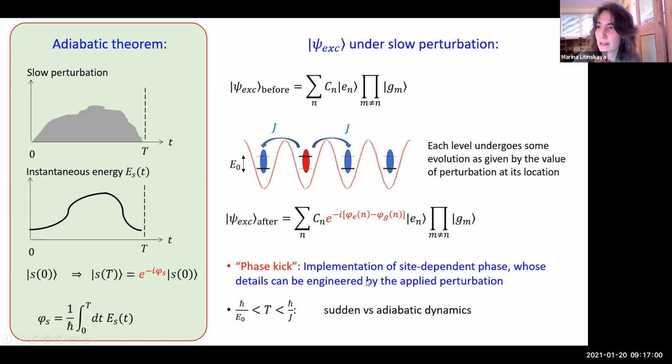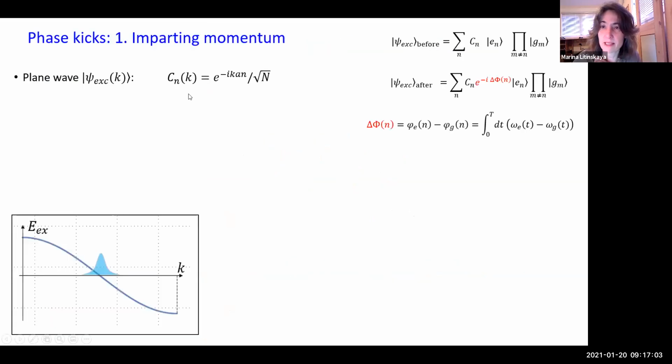Okay, let's see what we can do with this phase. So, fact number one, that is what we called phase kicks or momentum kicks. So this is the idea which we are going to explore. This is the excitonic function after the perturbation. Each monomer, each excited monomer acquires a phase as specified by the details of that perturbation at the location of this particle. So if we look at the excitonic state, remember, if an exciton is a plane wave, then these coefficients look like this.